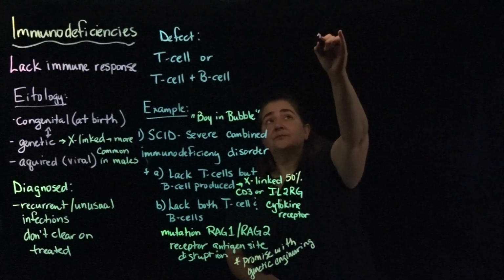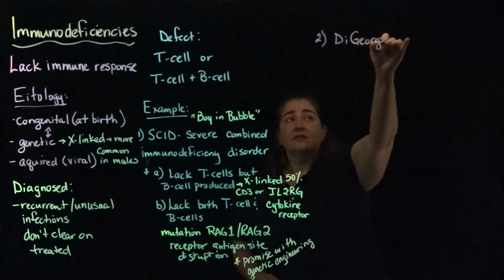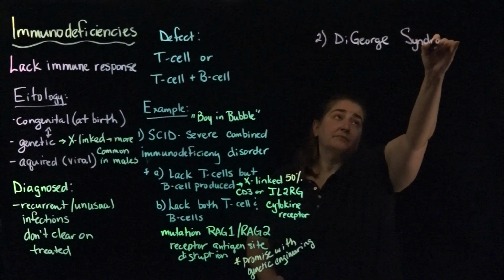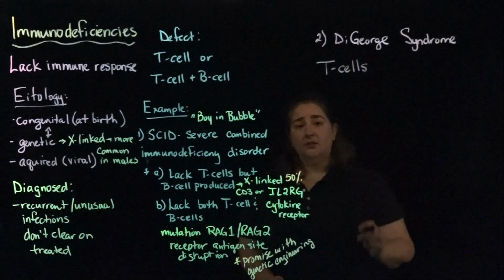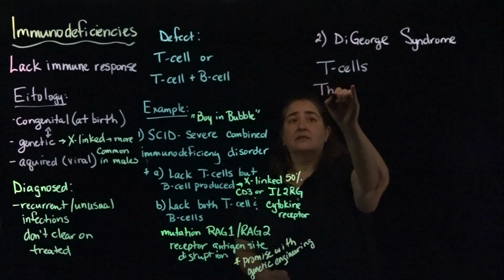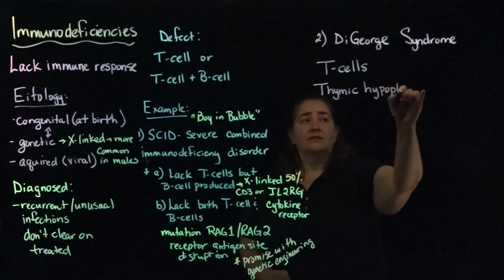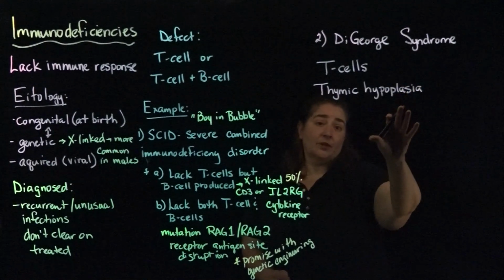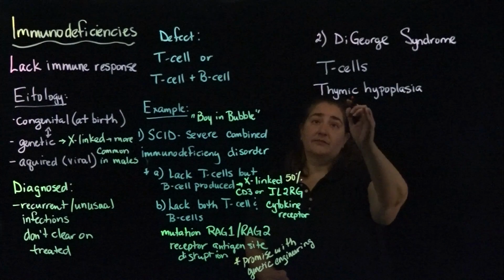The other example that I'm going to go over is DiGeorge syndrome. DiGeorge syndrome is also a defect associated with T cells, but what ends up happening, you have the thymus that doesn't either develop properly or isn't generated, okay?